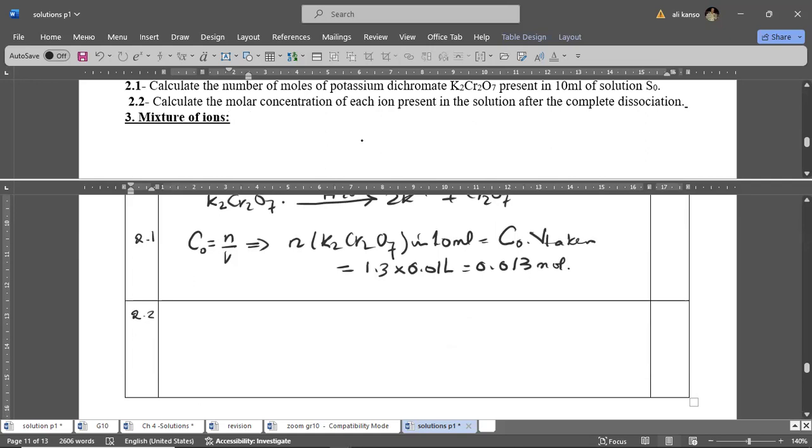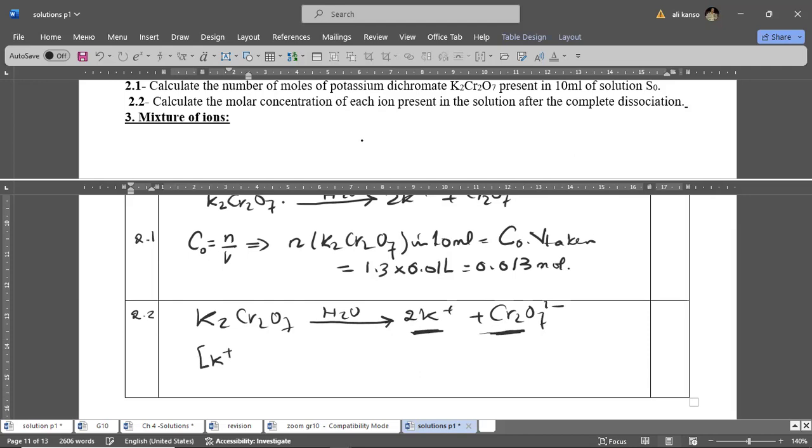After the dissociation, K2Cr2O7 gives 2K+ and Cr2O7 2-. We have two kinds of ions, K+ and Cr2O7 2-. You have to find the K+ concentration. Always the concentration is represented by a bracket, okay?